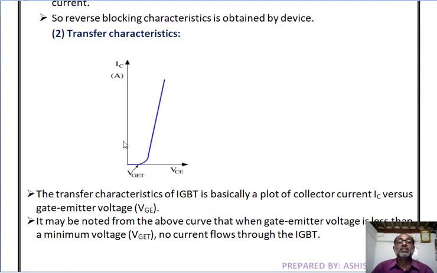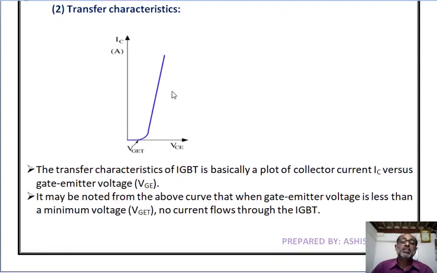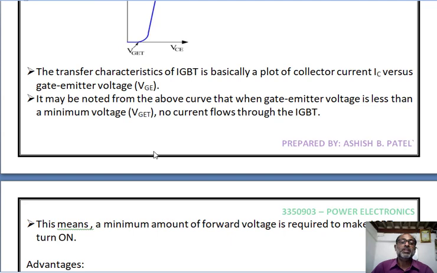Now next, the transfer characteristic. The transfer characteristic of IGBT is basically the graphical relationship between collector current versus gate emitter voltage. It may be noted that in the above curve, when the gate emitter voltage is less than the minimum voltage VGET, there is no current passing through this IGBT.